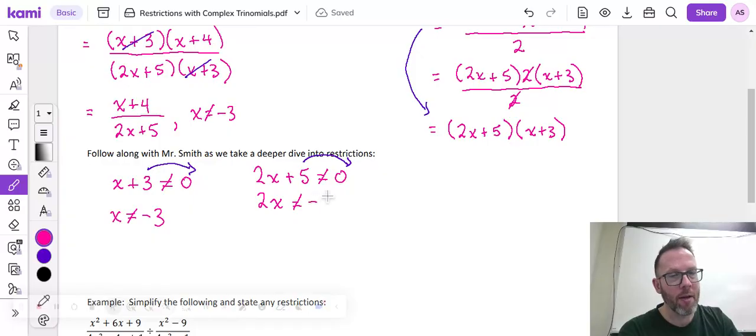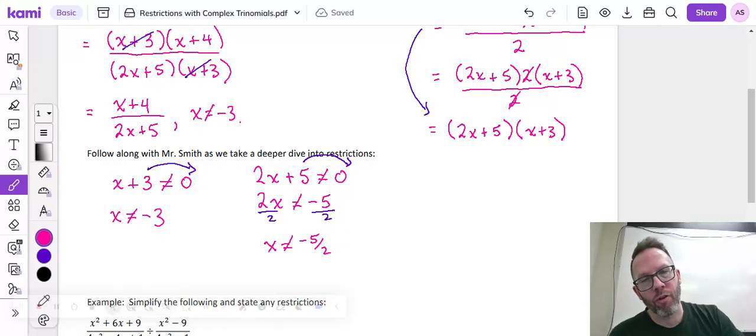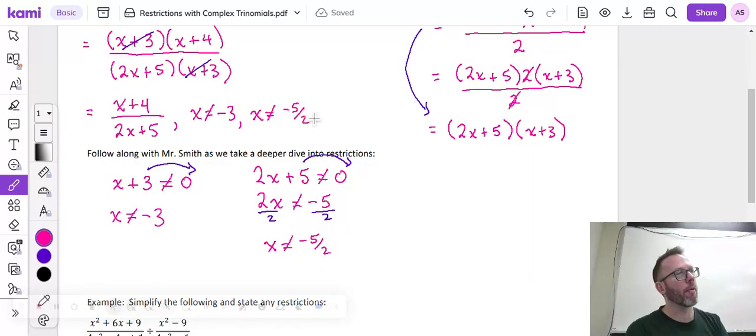So 2x can't be equal to minus 5. And then divide both sides by 2. You get the second restriction on x: x can't be equal to negative 5 over 2, or negative 2.5. That's our second restriction here. I'm going to add also that x can't equal negative 5 over 2. But now we've shown where that comes from.